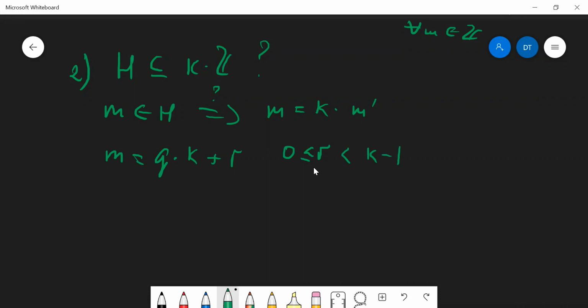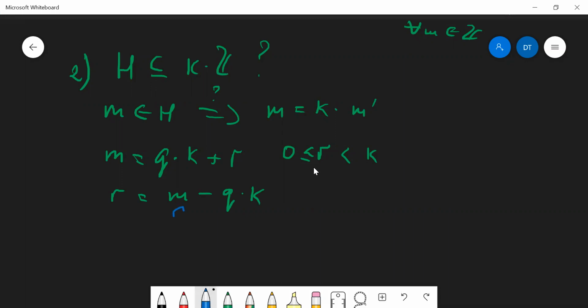So it's strictly smaller than k, and it's equal or greater than 0. This is just by definition of the division with the remainder. So now we can rewrite this as R equals M minus Q times K.